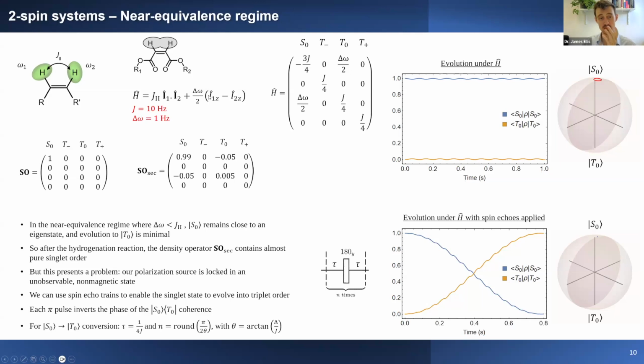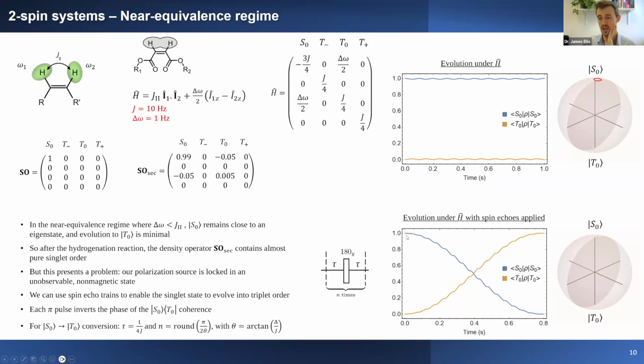So in this case, we hydrogenate a molecule and we essentially keep the singlet order between the two protons. If we want to convert that singlet order into some observable state, then we're going to need to use some sort of pulse sequence or field sequence. That's what's shown here.